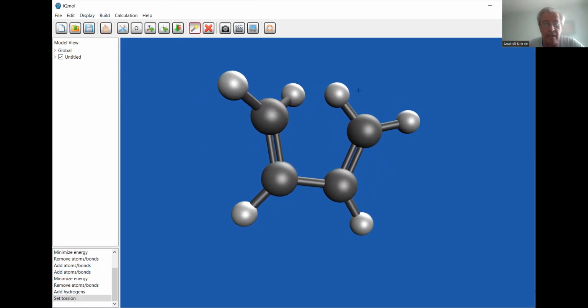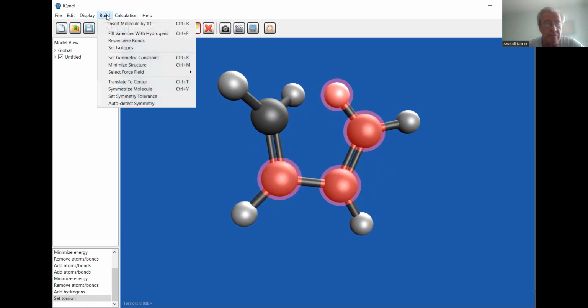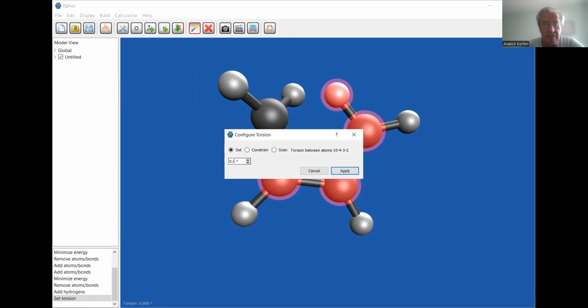So I just repeat the same for the other side. Again, I highlight. I don't need to highlight bonds, but sometimes it's tricky. Let me remove some of the highlights I don't need. Okay, now Build, Set Geometry Constraint again, 0, and I will put 45 degrees again.